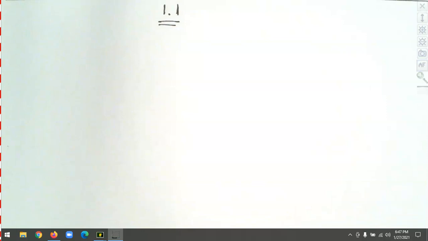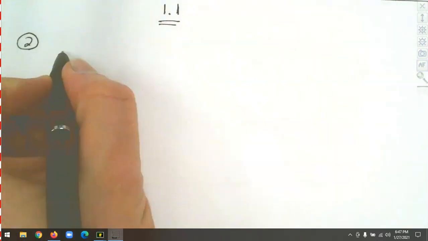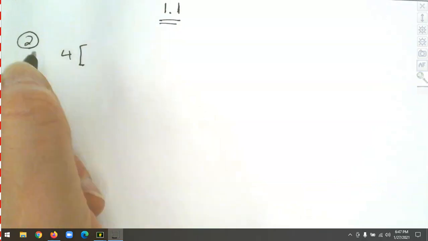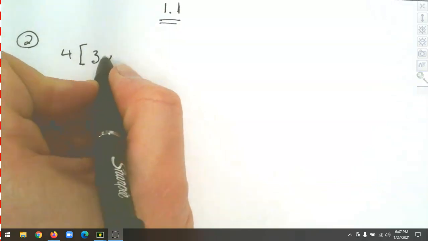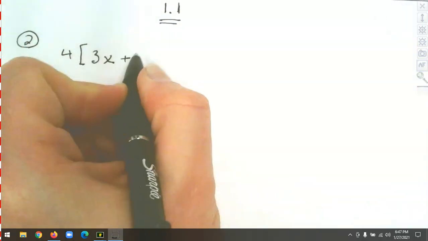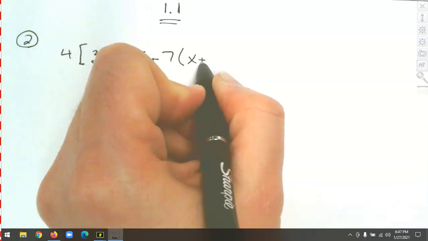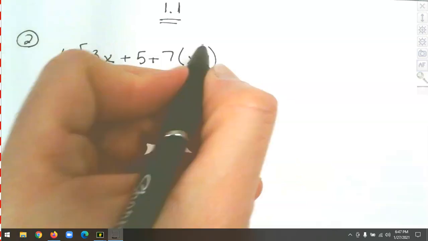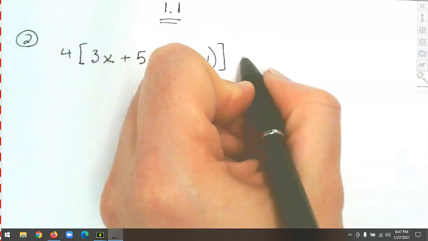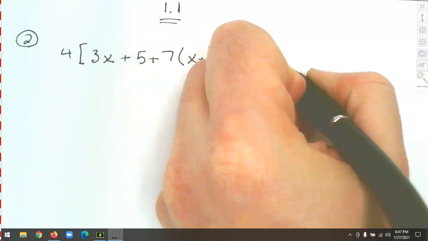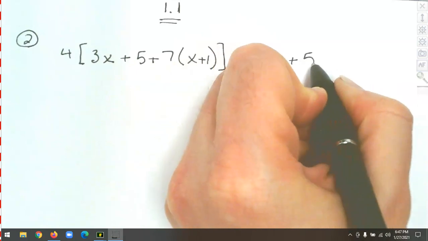Okay, question number 2 is solving an equation, and this equation has square brackets and it has parentheses. So just write the problem up here, and then we'll solve it.